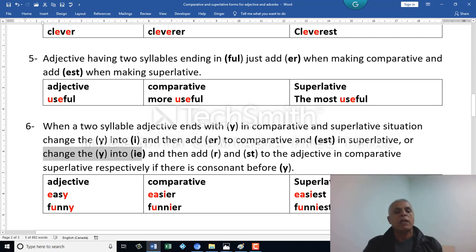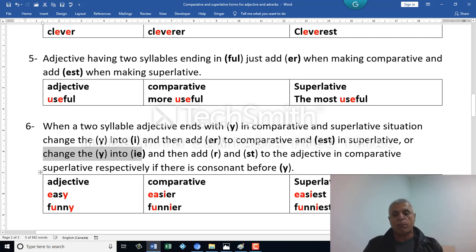Some say change the y to i and then add er, or sometimes we say change the y to ie and then add r, and st to the adjective in comparative and superlative respectively. If there is a consonant before y, we have to make sure before y we have a consonant.